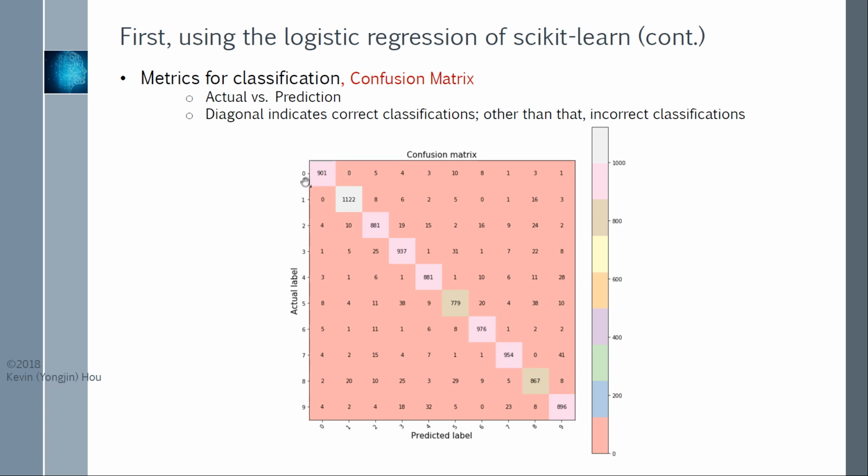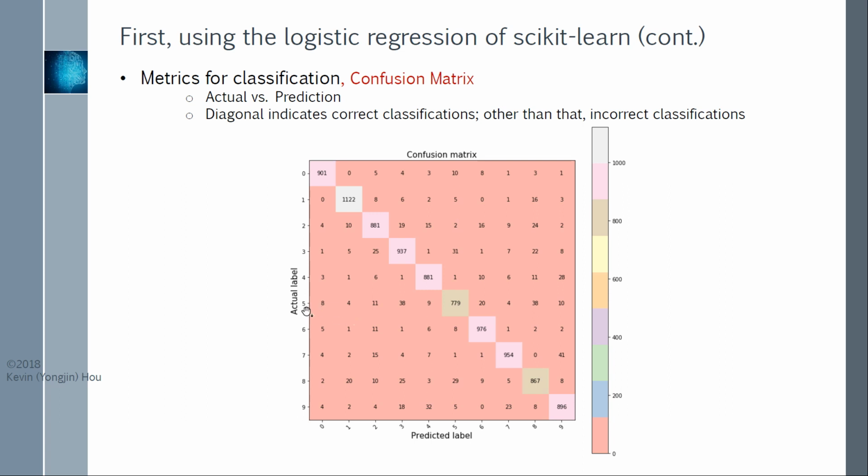For instance, if the actual value is 0, there are 5 instances where our prediction says it's 2. There are 5 cases we got wrong for the actual value of 0. And there are 4 instances where the actual is 0, but our prediction says it's 3. Now I think you get it, right? In this case, there are 10 cases where 0 has been misclassified as 5.